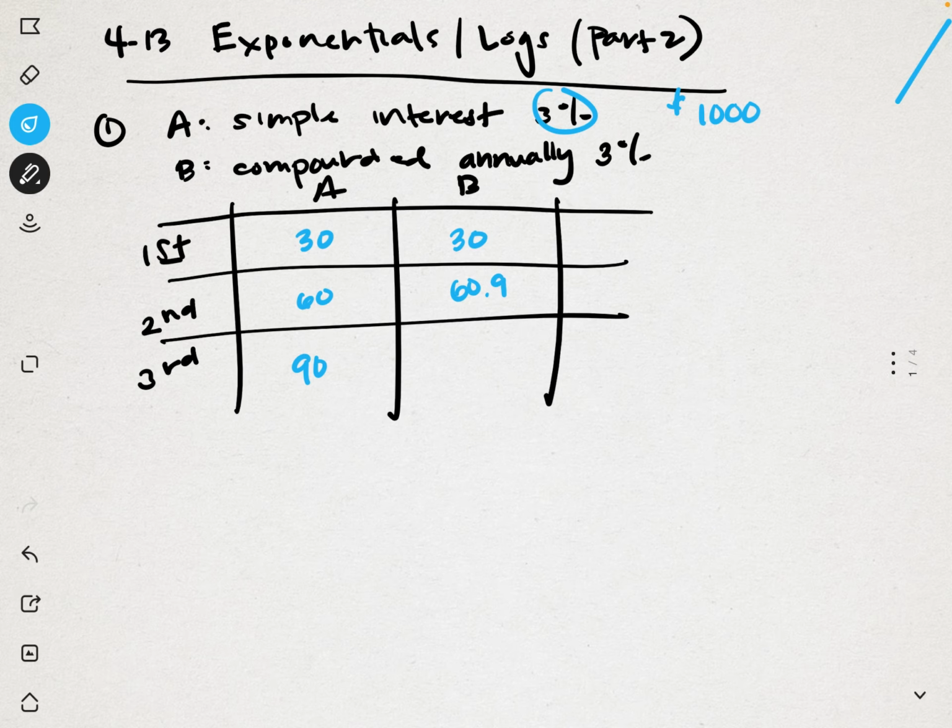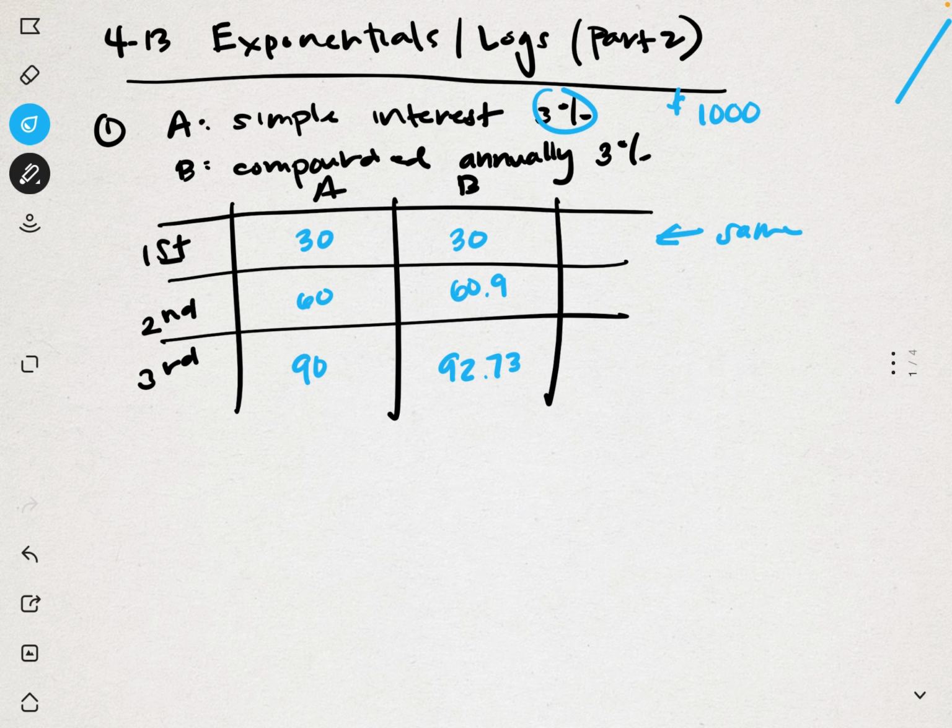So that's going to be $92.73, right? So you can clearly see that the first year it's going to be the same, right?